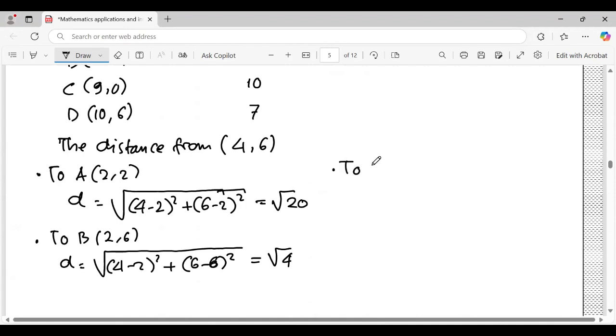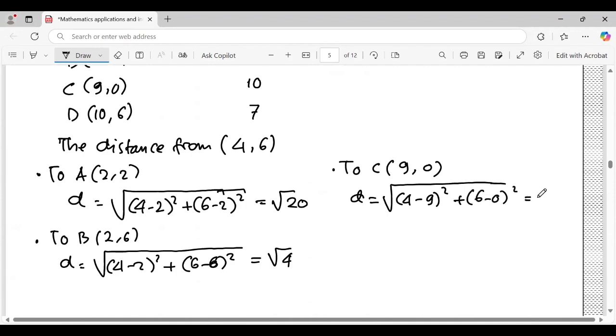Next, to C. The coordinate point C is (9, 0). And the distance from this point to this point is the square root of 5 squared plus 6 squared. The result is square root 61.